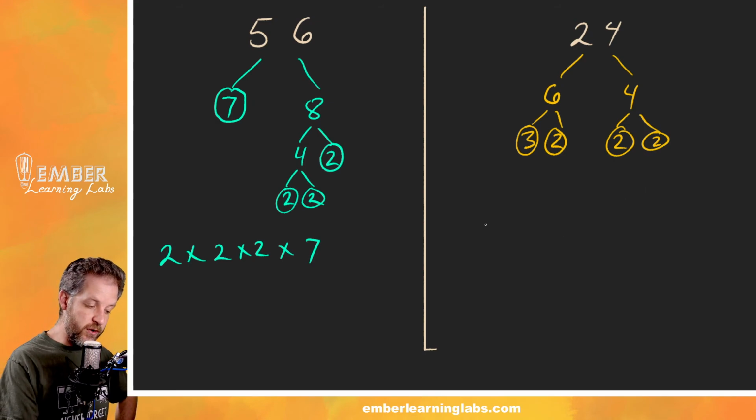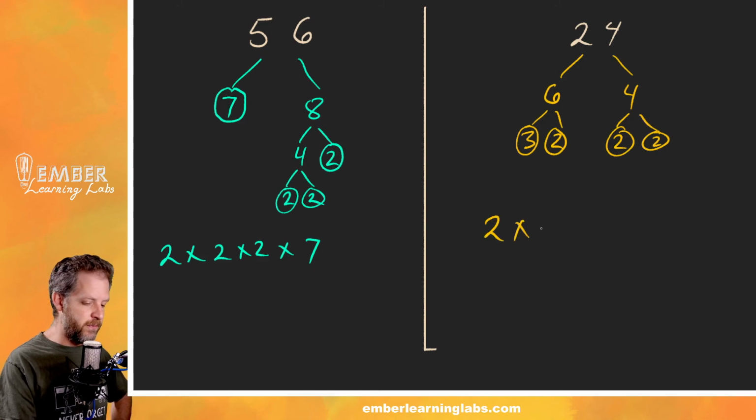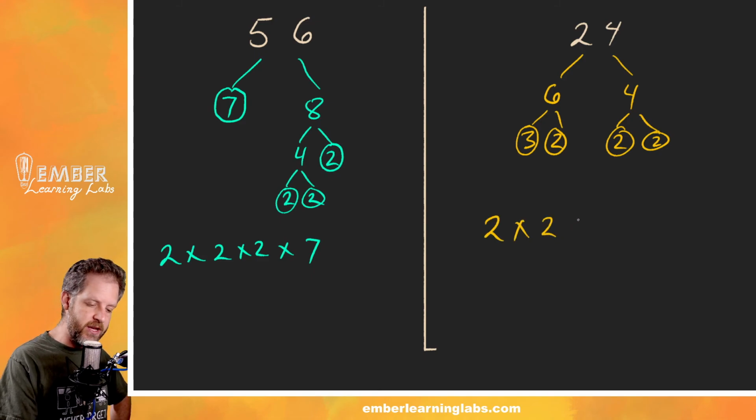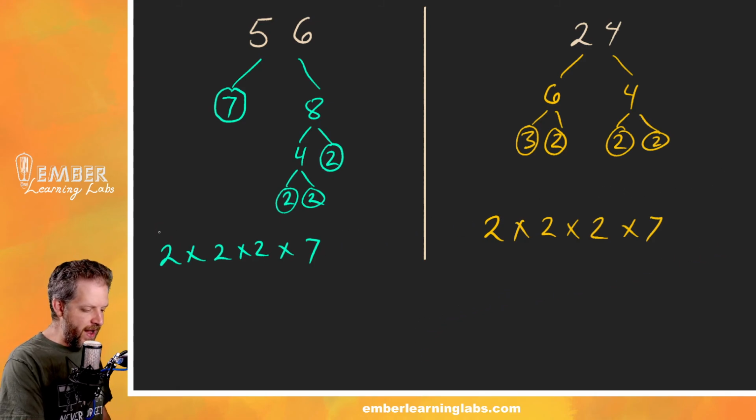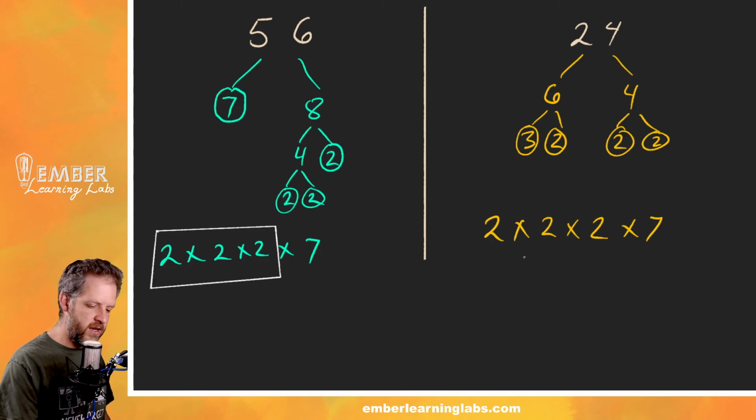So now we've got a different puzzle piece, right? We've got something different happening, because if we look at this list, we have more than one thing in common. We have, in fact, 3 whole 2s in common between these two.